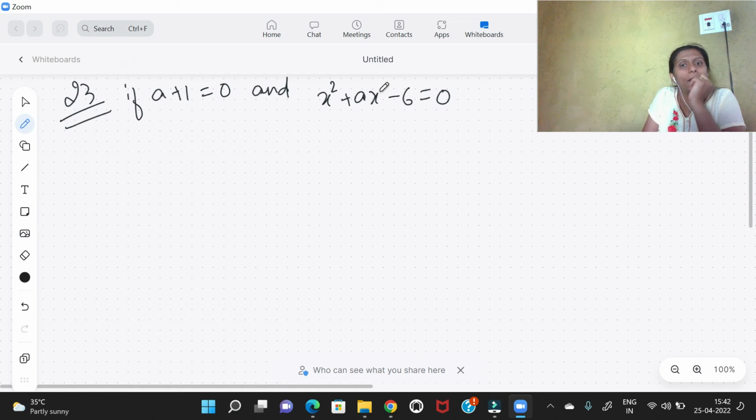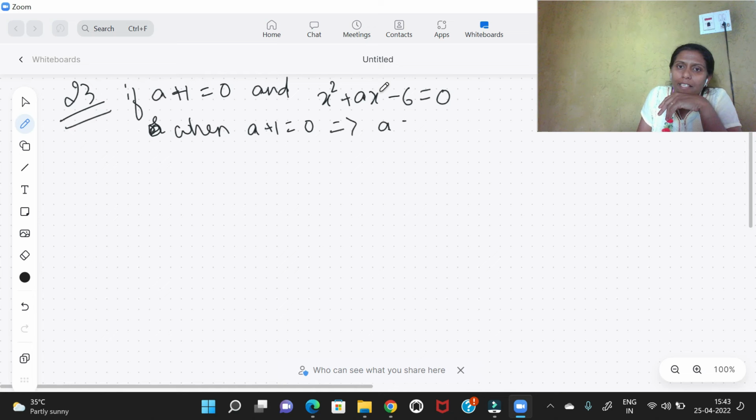Now, I have two variables, right? This is your wonder. One is x and one is a. How will I find it? But there is a relation. When a plus 1 is equal to 0, I can say a is equal to minus 1. Now I got the value of a. I'll substitute it as minus 1.